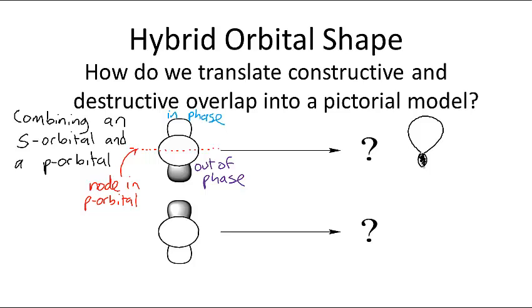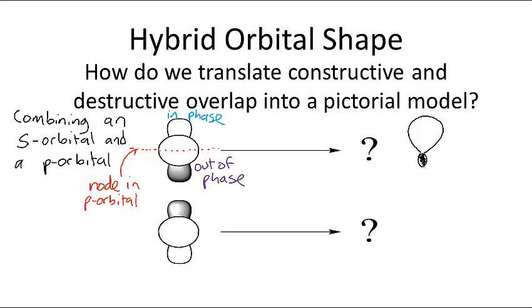So one of the rules when we combine orbitals that I mentioned last time, and I think we're just going to accept it as a rule, we don't need to go into the quantum mechanical reasons for it. But one rule is that if we start with two orbitals, we have to make two new orbitals. We can't take two orbitals and make them into just one. So we have to take the two orbitals and make two new orbitals out of them.